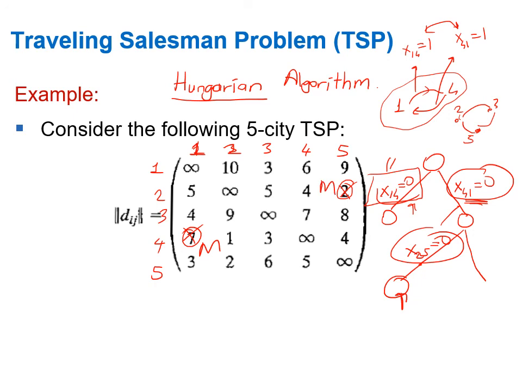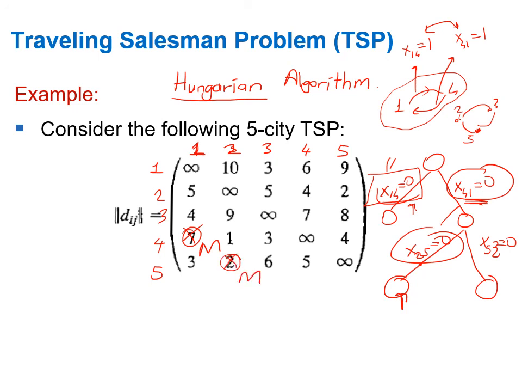But if I need to write x52 equal to 0 over here, then I need to shift this back and make that entry equal to M.